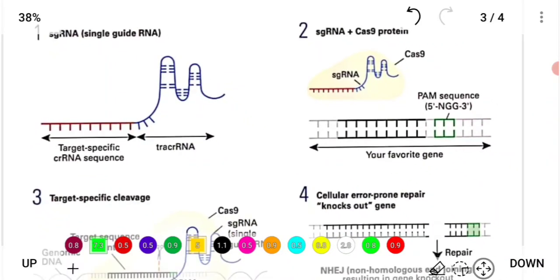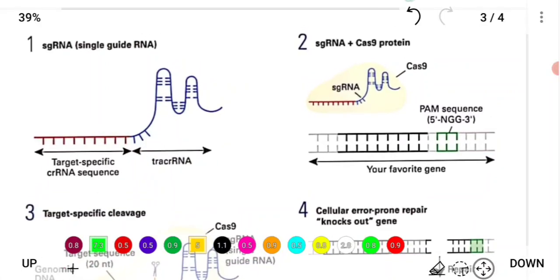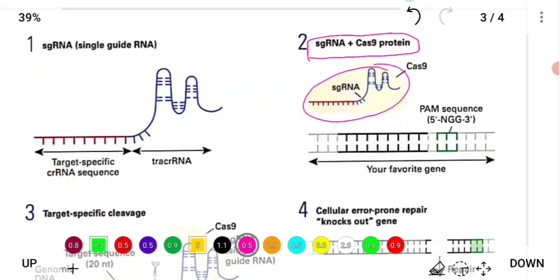Now, the second step: this guide RNA will bind to the Cas9 protein. This guide RNA and Cas9 protein complex is known as the CRISPR complex. This complex will enter the blood cells, the stem cells of the patient.